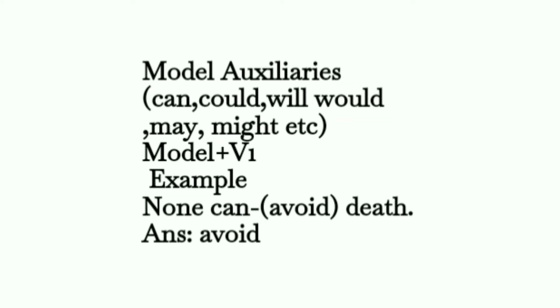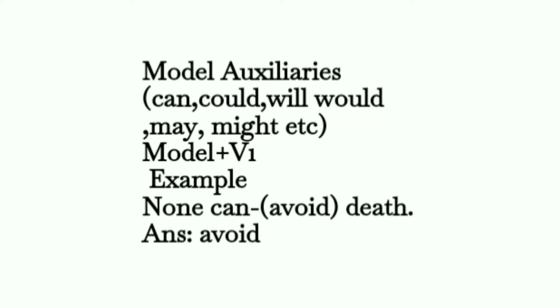Now we will learn the rules of modal auxiliaries. We know that modal auxiliaries are can, could, will, would, may, might, etc. We can see here modal plus V1. That means after modal auxiliaries, you have to use the base form of the verb.